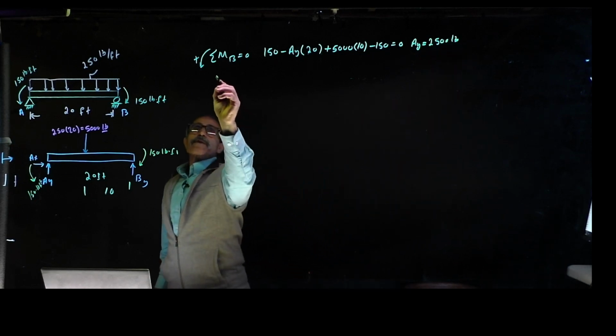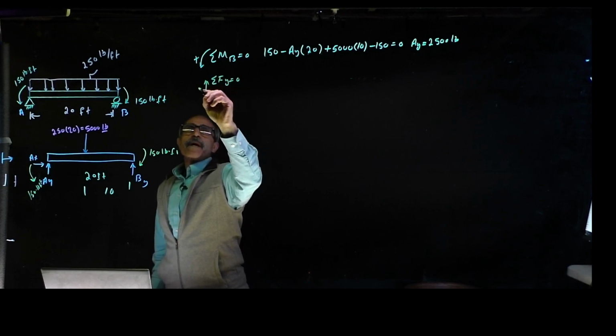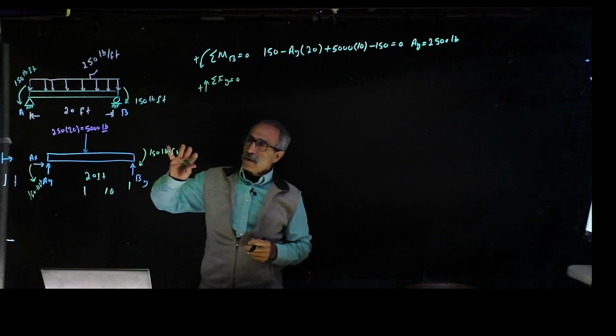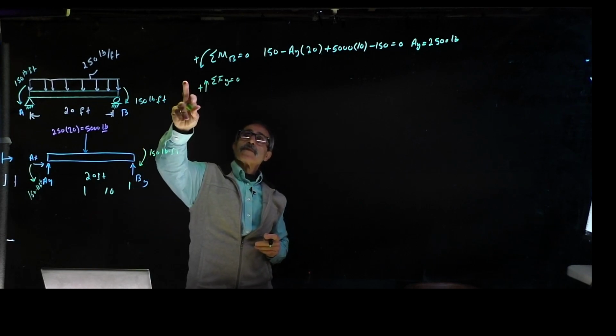And if I do summation of Fy is equal to 0, up is positive. Remember, we always said we have three equilibrium equations: summation of y, summation of x, and summation of moment.